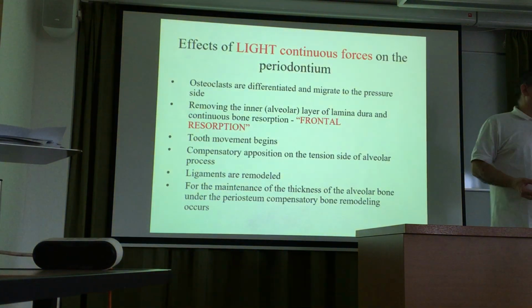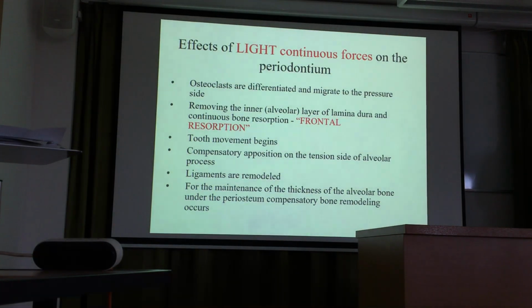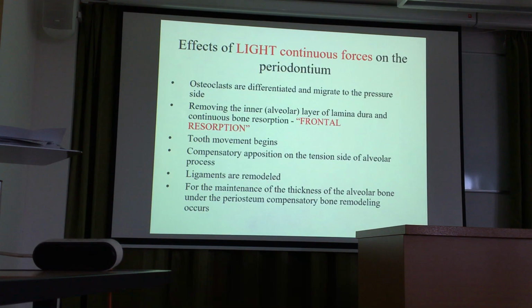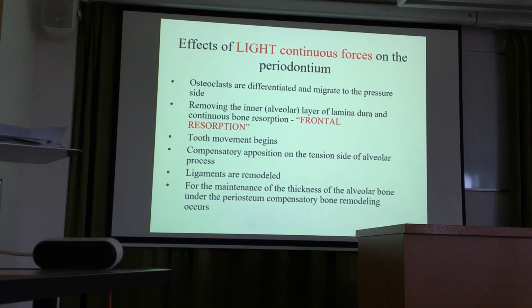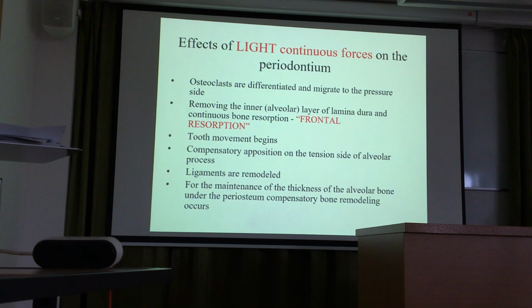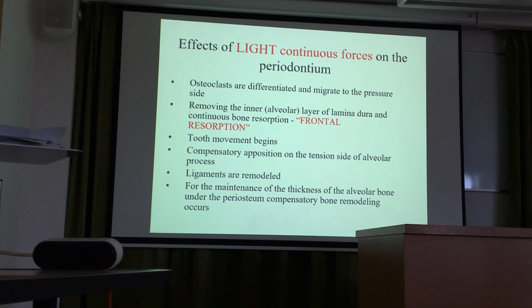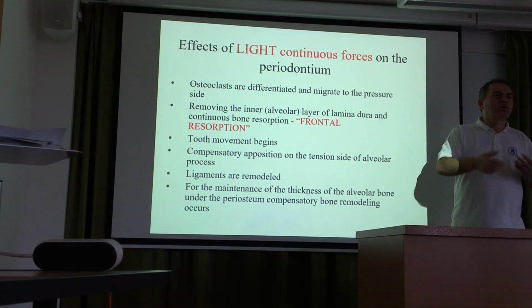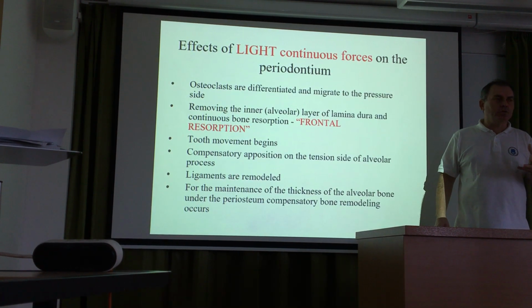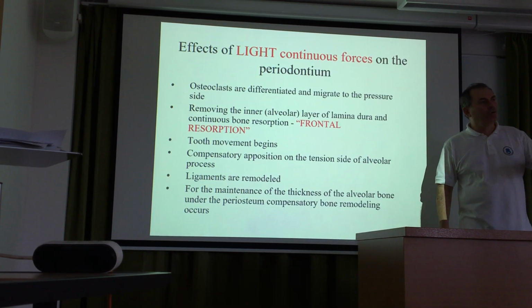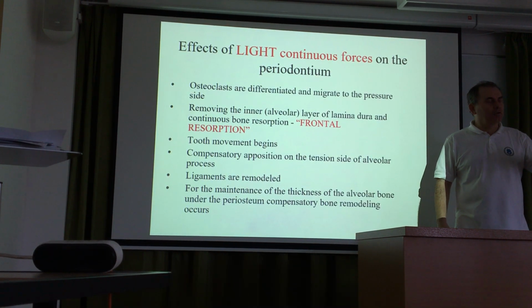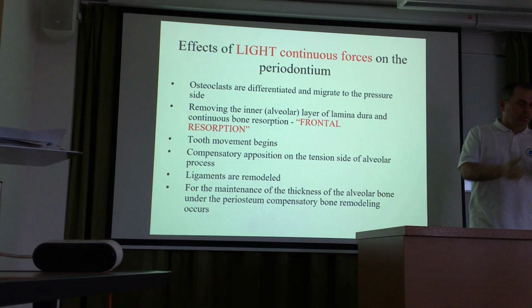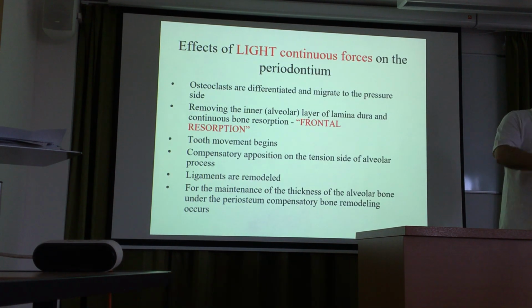So the collagen is first broken down by collagenase activity. You know, we have matrix metalloproteinases which can break down the collagen, and after that a new collagen structure is forming in the new space of the tooth movement phase.